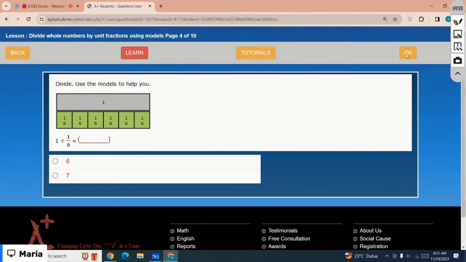The correct option is, yes, that is 6. 1 divided by 1 sixth equals 6.